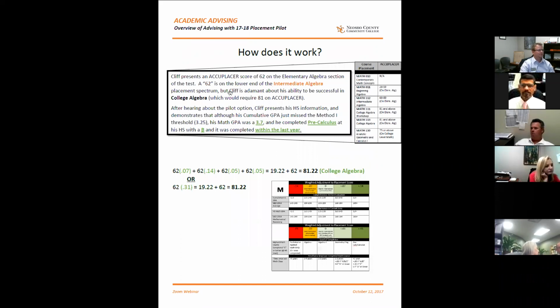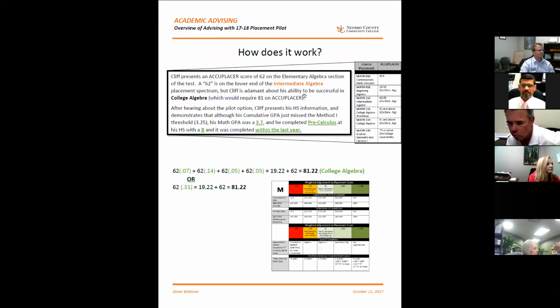Using the pilot, if the student is adamant about their ability to be successful in college algebra and we discuss with them the pilot option, they could have a chance to be reevaluated. You can see also on the right over here, placing that student into college algebra would require at least an 81 on the AccuPlacer. So 62 is a ways off from 81.